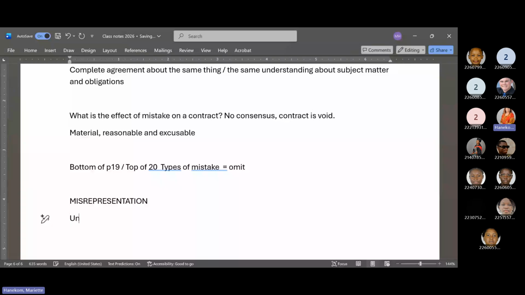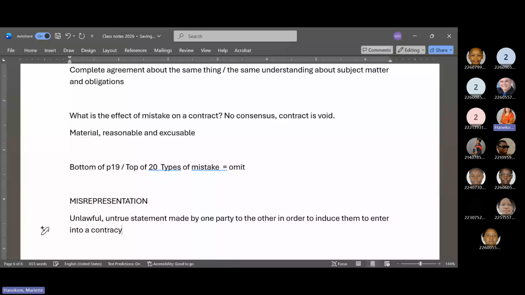Misrepresentation is an unlawful, untrue statement made by one party to the other, to induce them into a contract.